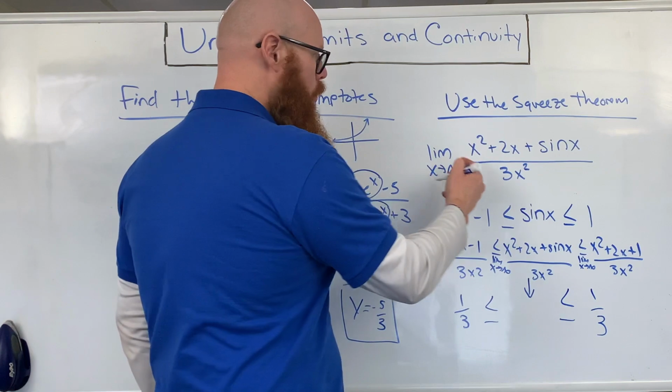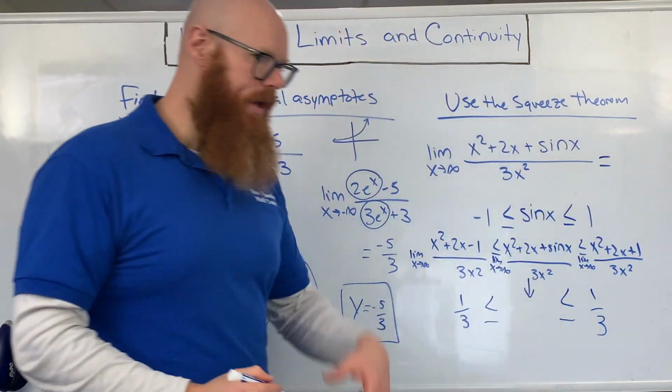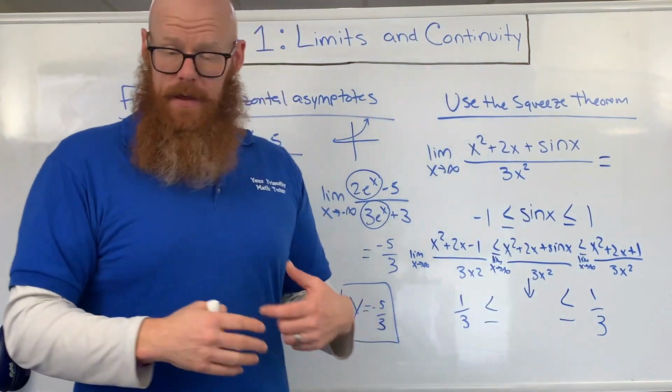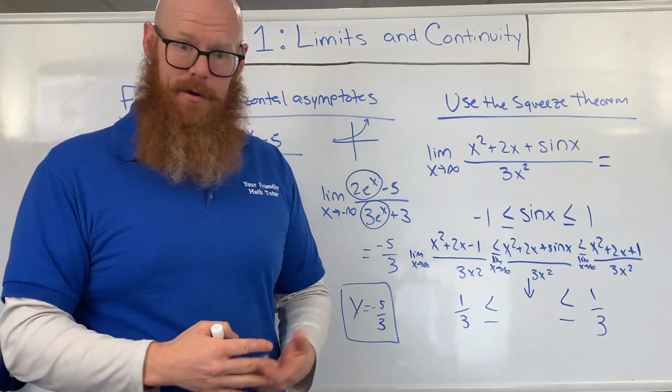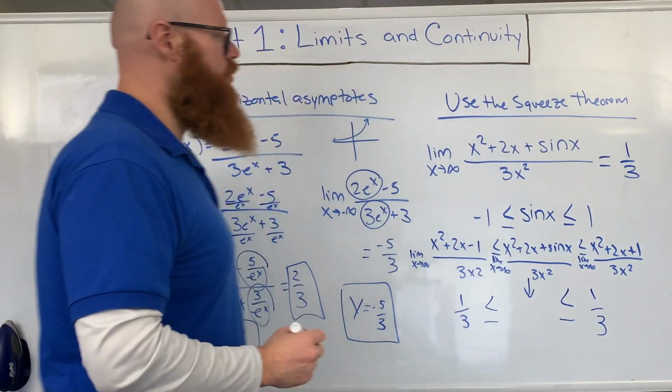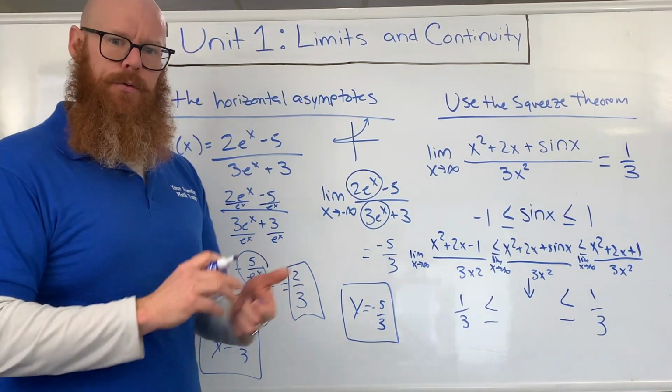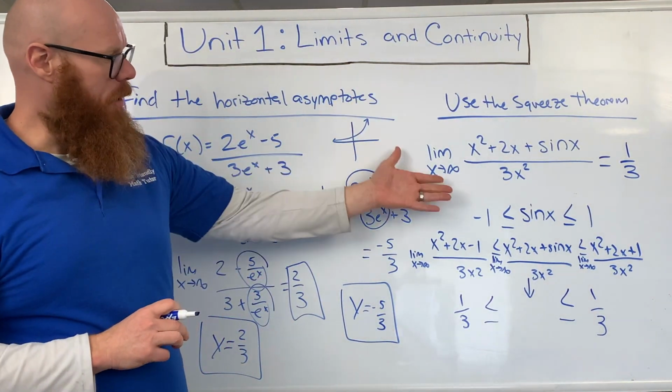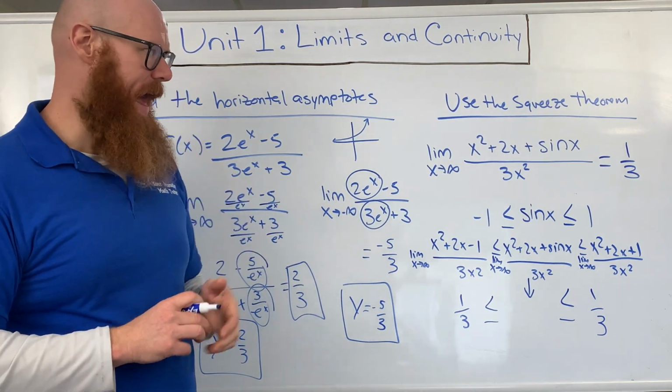Well, if the limit that we're trying to find is between 1/3 and 1/3, the only number that's between 1/3 and 1/3 is 1/3 itself. So that's a way to use the squeeze theorem. I wanted to review that as well as how you can apply that to limits at infinity.